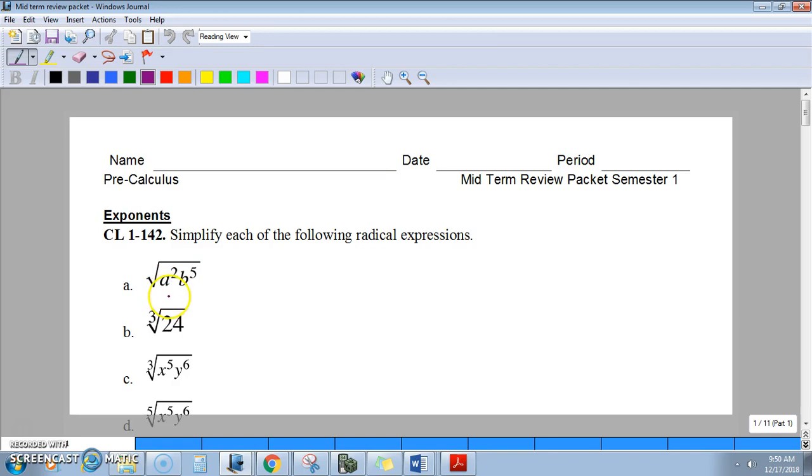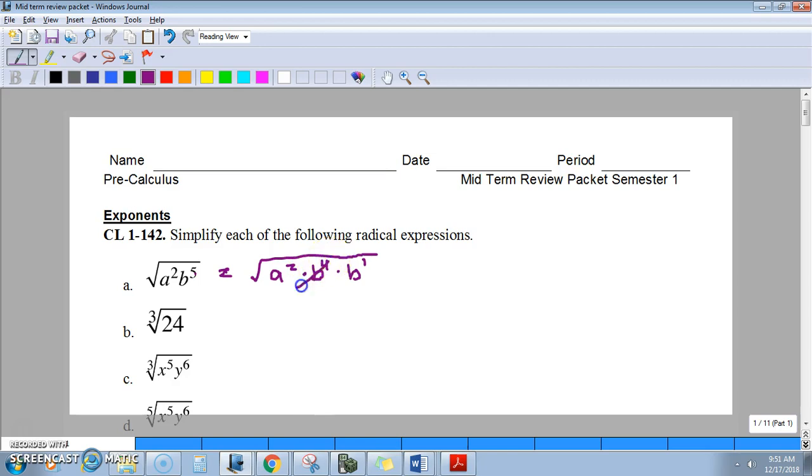So A, we have the square root of a squared times b to the 5th. I'm going to keep a squared, but change b to the 5th to b to the 4th times b to the 1st, because that is the same as b to the 5th.